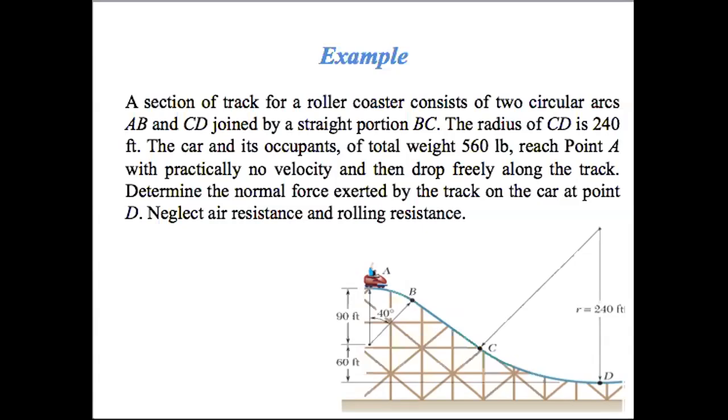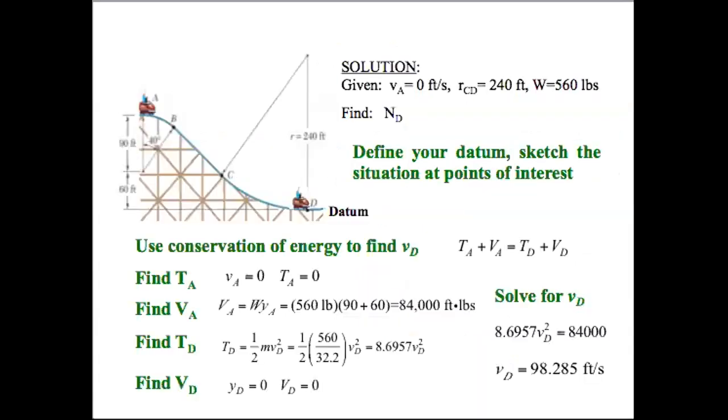Determine the normal force exerted by the track on the car at point D. Neglect air resistance and rolling resistance. This problem has two parts. You will need to find the velocity of the car by using work and energy, and then use Newton's second law to find the normal force.